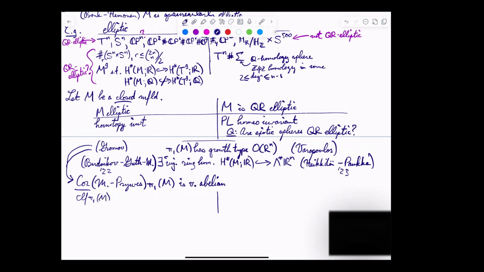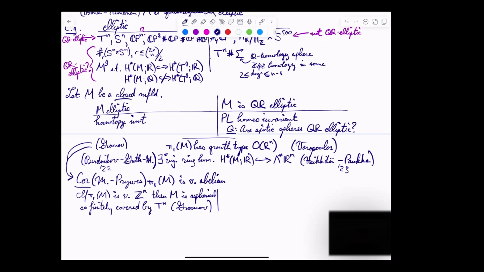If your fundamental group is the biggest it can be, which is virtually Z^n, then this manifold is actually aspherical, and therefore finitely covered by a torus. And hopefully this is also still true on this side.